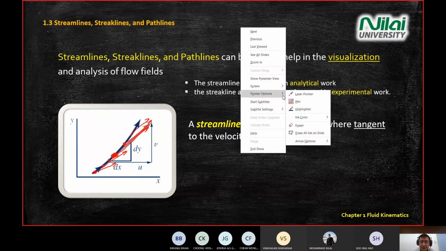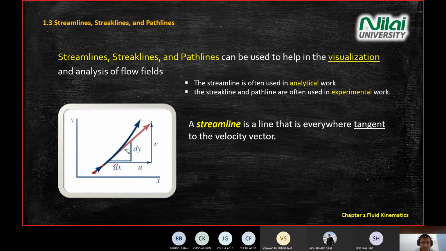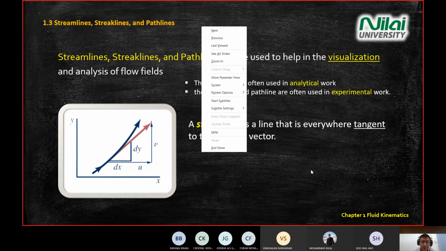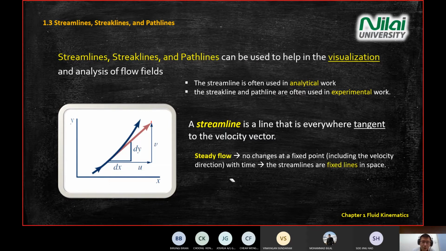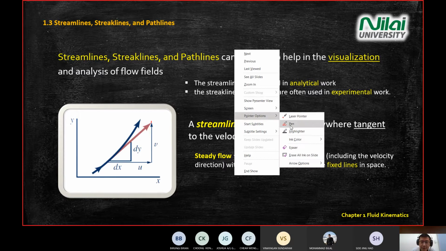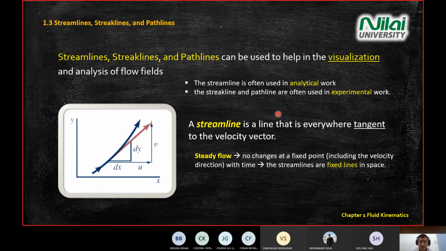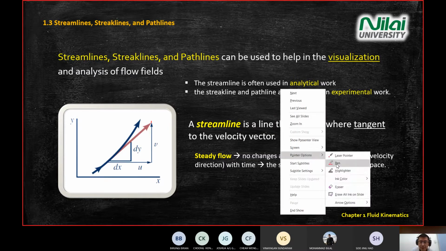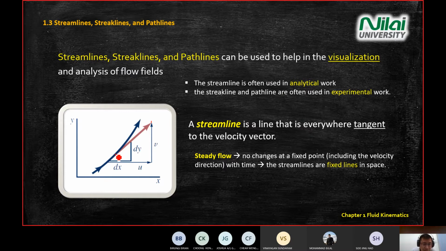Okay, let me erase this one. Another new term for today, steady flow. What do I mean by steady flow? If you have a steady flow, means every dot on the curve, let's say we focus on this dot, point 1, and point 2.